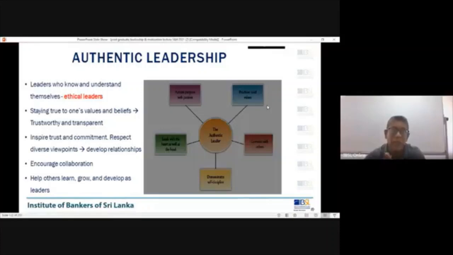Now, authentic leadership also needs to look at all these things. And also, they must consider being concerned with others. Others means everybody. So why others? We need to respect others. We are dealing with different types of publics, so we need to respect each other, right?